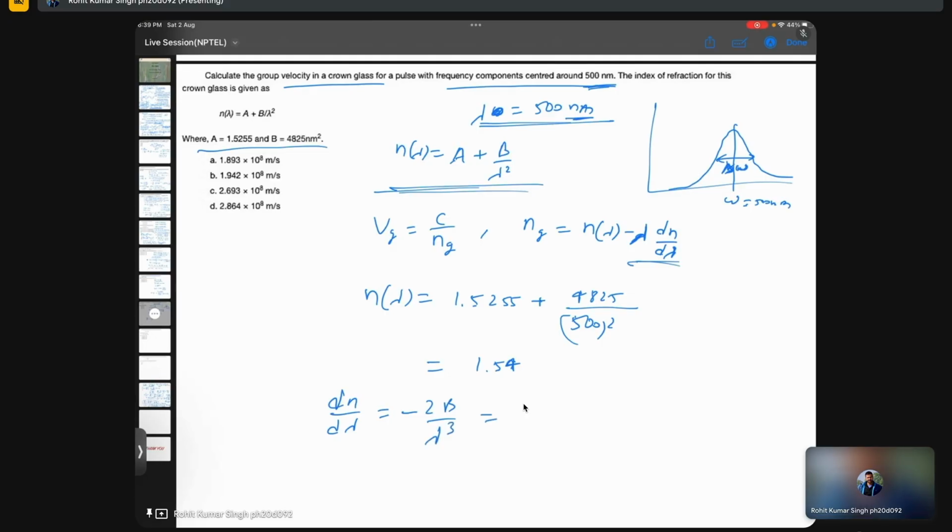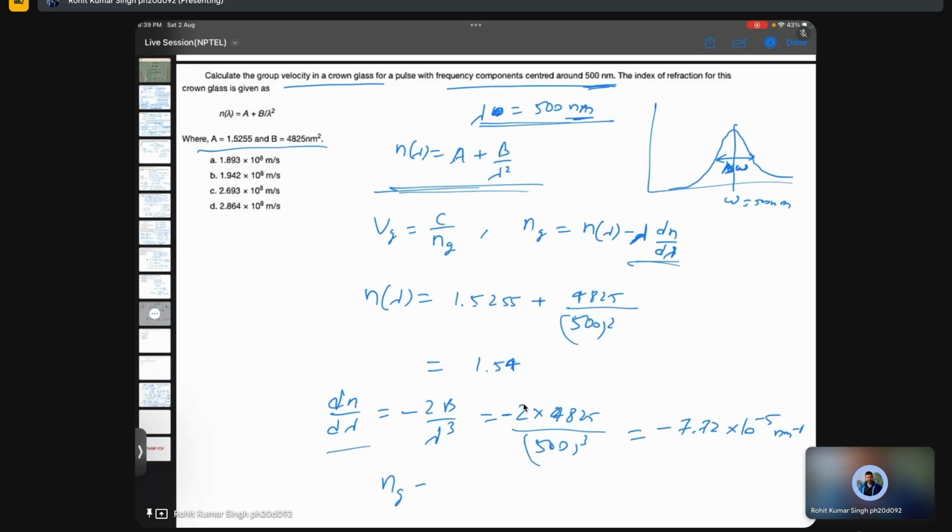Substitute everything: 2 into 4825 divided by 500 cube, with a minus sign, and if you calculate it, it will be around this. Because this is in nanometer square and here it is nanometer cube, nanometer to the power minus 1 will be the unit of this quantity.